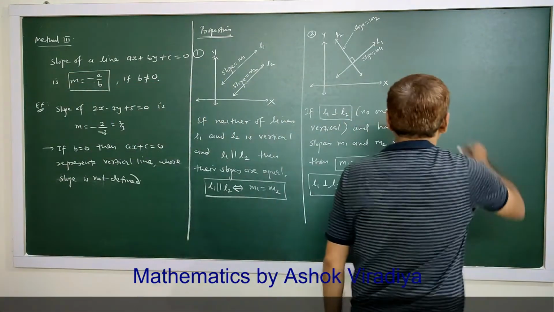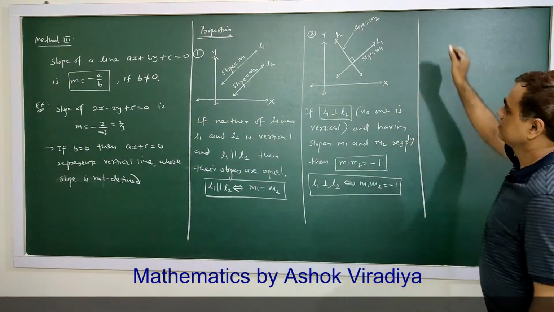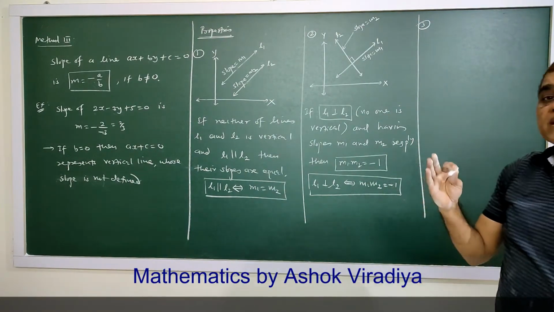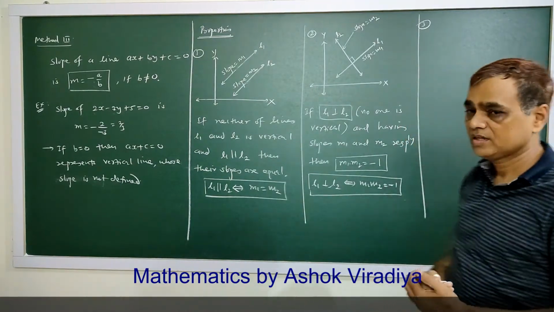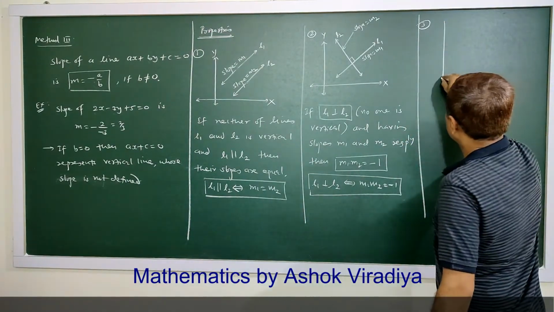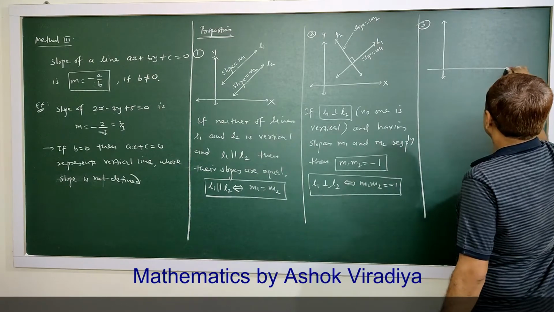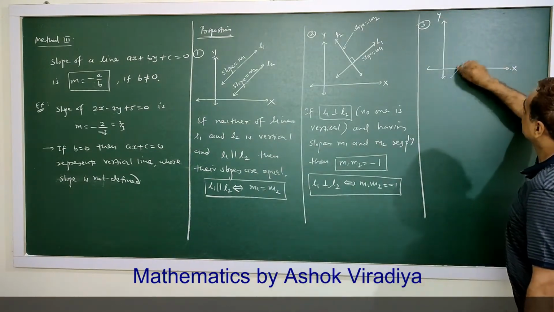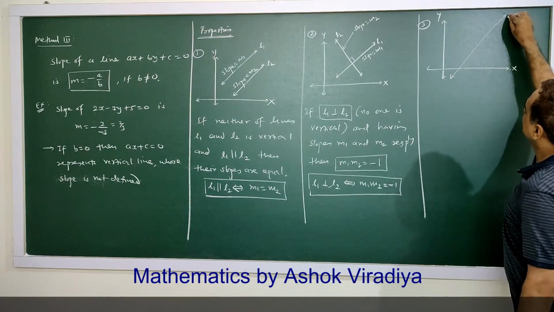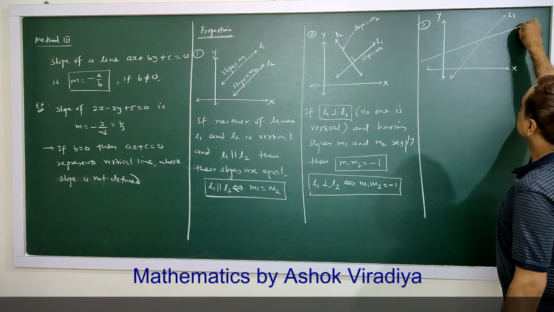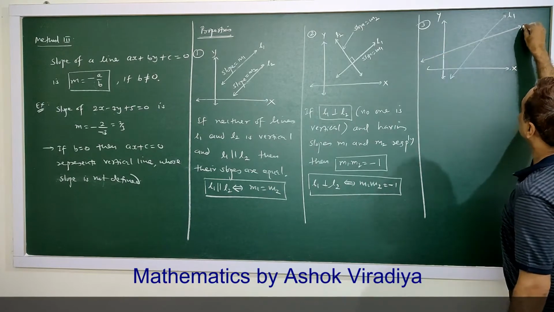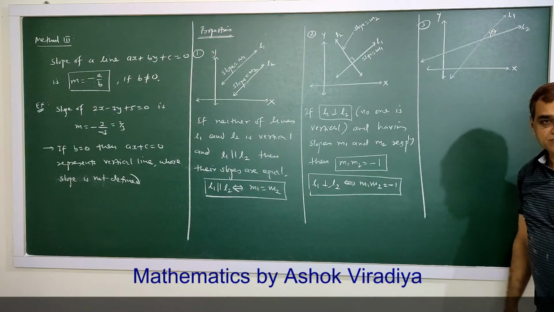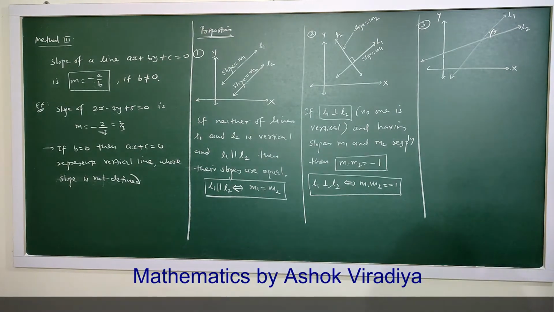Then the third property: measure of angle between two lines. Suppose this is the first line, L1, and this is the second line, L2, and we want to find the angle between them, theta.